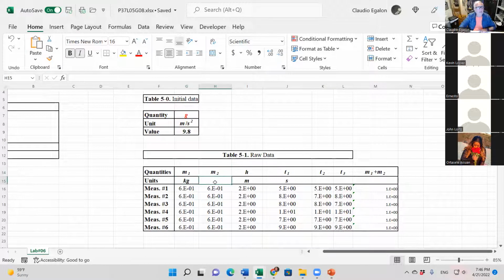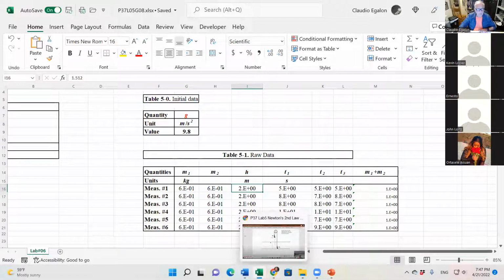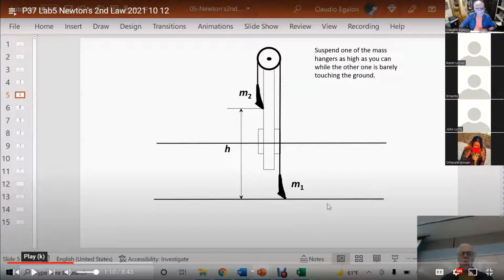I put the units here, you have to put units on the other ones here. Here's the acceleration of gravity. And we're measuring the height. The height is about 1.5 meters, 1.6 meters. That's what I'm talking about here in this video right now.